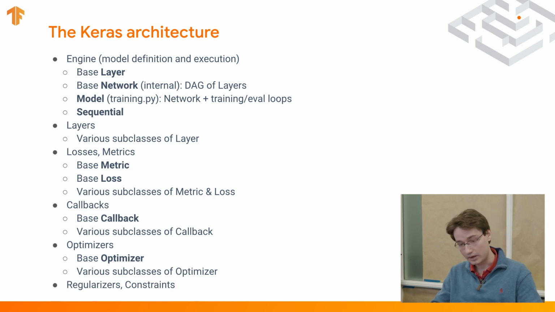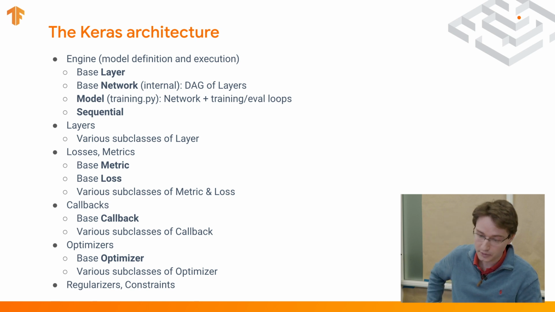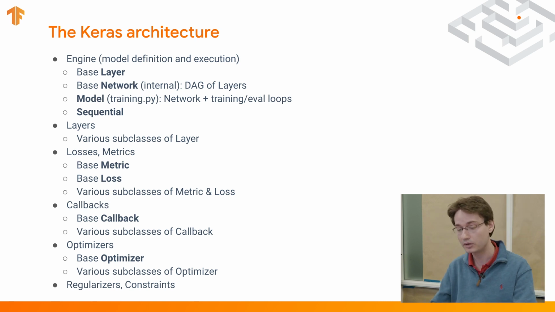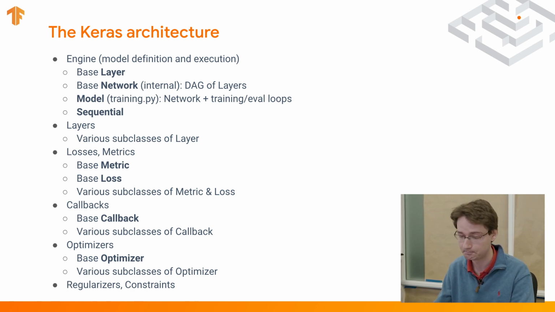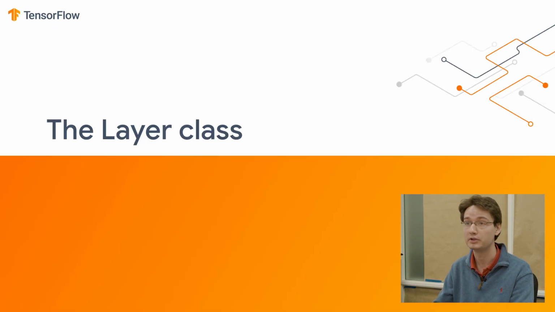So in this presentation, we'll go mostly over what's going on in the engine module and also losses and metrics, not so much callbacks, optimizers, regularizers, and constraints. So in general, for any of these topics, you could easily do a 1-hour talk. So I'm just going to focus on the most important information.